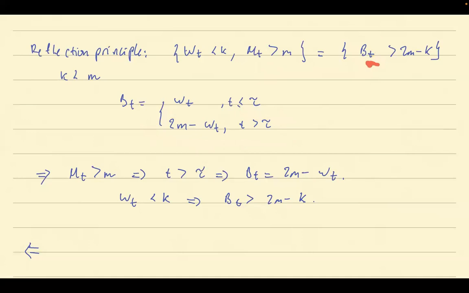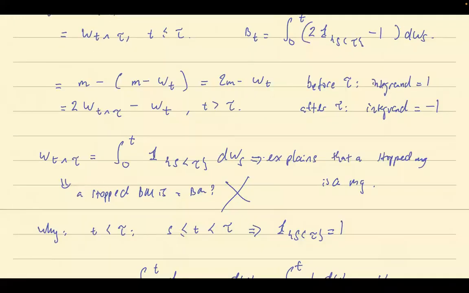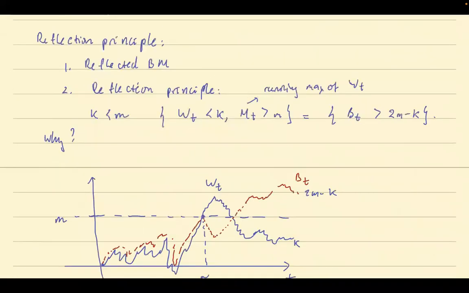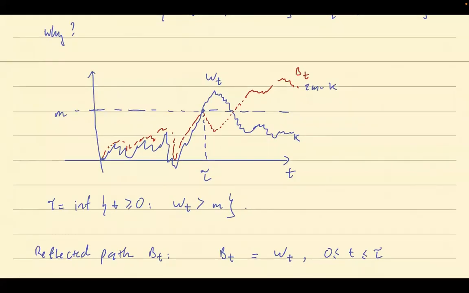So how can you tell? Again, the key is, let's take a look at the picture. BT is bigger than 2M minus K. The important question for us is, are we on the left or on the right panel? And why? What do you think?